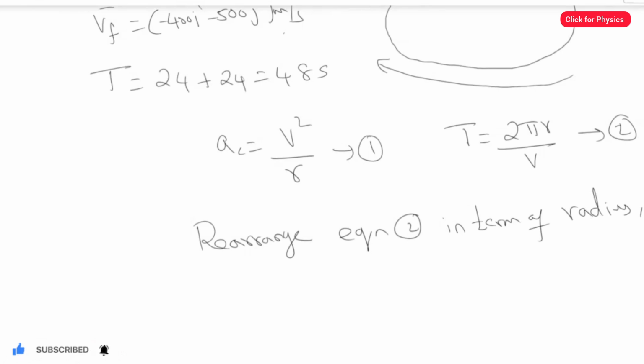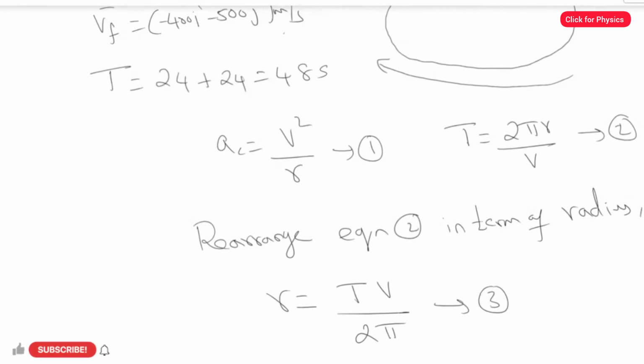If you rearrange in terms of radius r, what you will get? r equals T multiplied by v divided by 2 pi, right? Let's take this equation as 3. Now I'm going to substitute equation 3 in equation 1. By that we can easily get the acceleration.